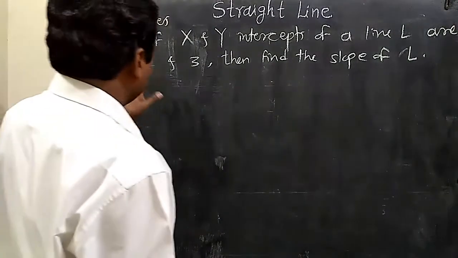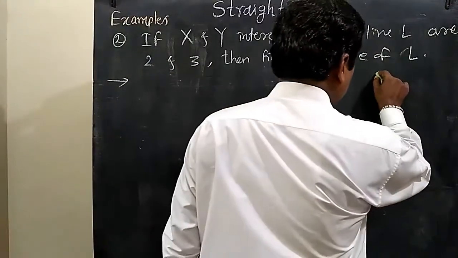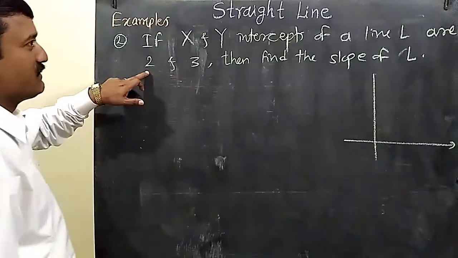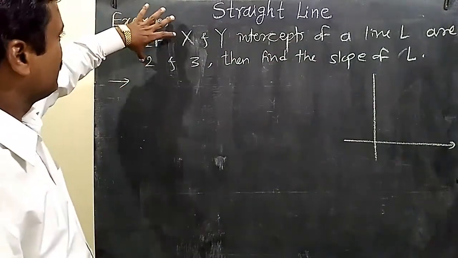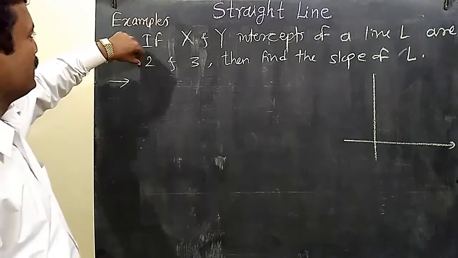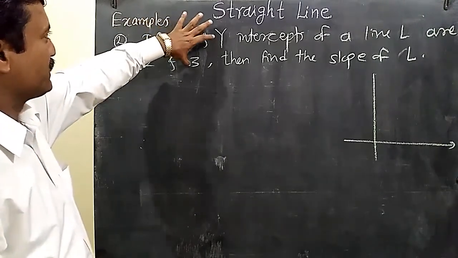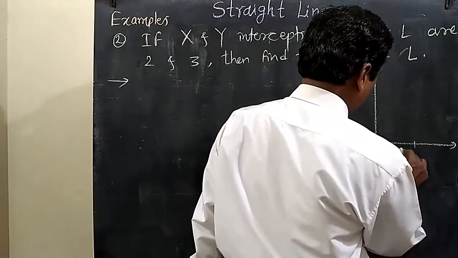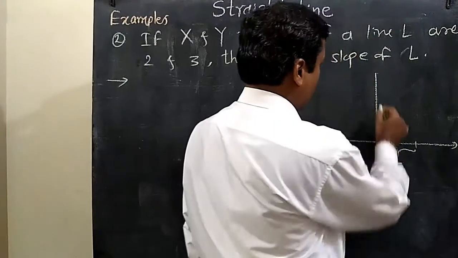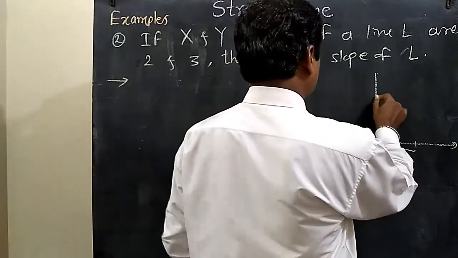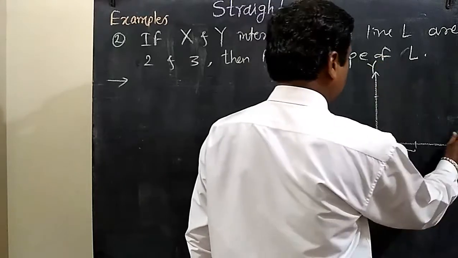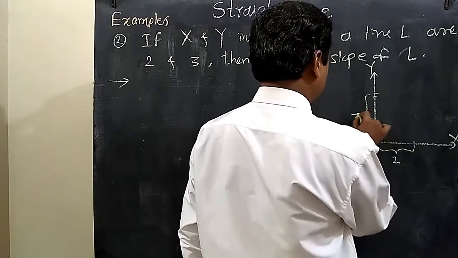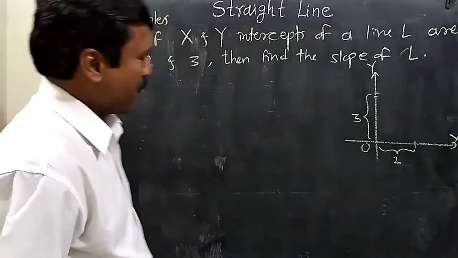Here, in this case, if you draw the figure of this line, then line L makes intercept 2 on the x-axis and intercept 3 on the y-axis. So this is the intercept 2 on the x-axis and positive 3, so it is on the positive y-axis. So suppose this is the intercept 3 on the y-axis.